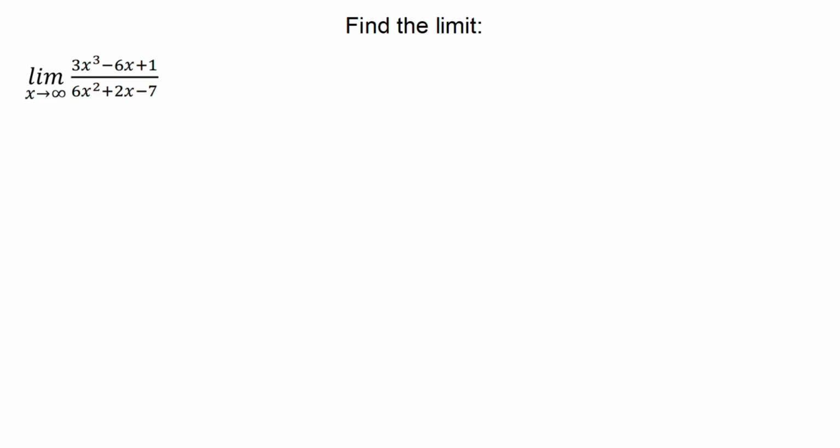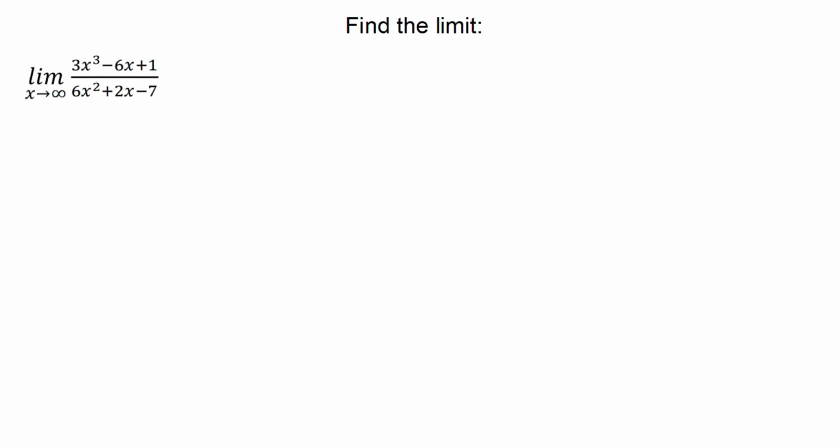All right, for this next one, we're looking at the limit as x approaches infinity of 3x cubed minus 6x plus 1 over 6x squared plus 2x minus 7, which is, of course, infinity over infinity. The way that we've worked on to deal with this in class was we've just divided everything by the highest power that we have.